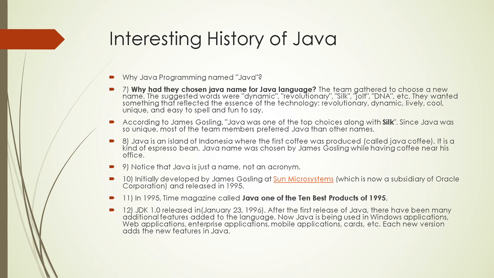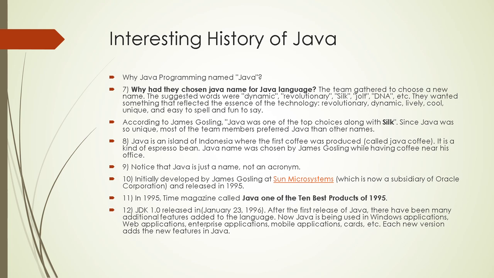So let me tell you some interesting facts about Java programming, how it got named Java. When there was a conflict between Oak Technology and James Gosling's team over naming the language Oak, they thought of getting suggestions of names and words from all the members.